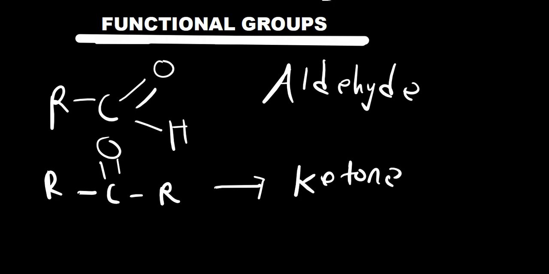Then let's say you have another one where you have R, meaning any molecule that is connected to this. If you've got a molecule that is attached to an OH, or what we call a hydroxide or a hydroxyl group, this one is called an alcohol group or an alcohol functional group.